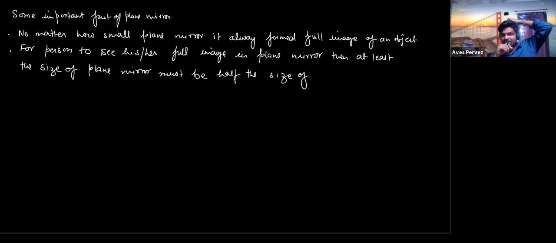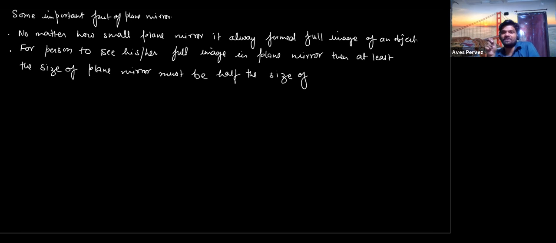Otherwise, if you have a mirror smaller than half your height, you will not be able to see your full image at one time. We're not saying that half the image is forming, but you will not be able to see your full image at a single time. You need to move to different angles.